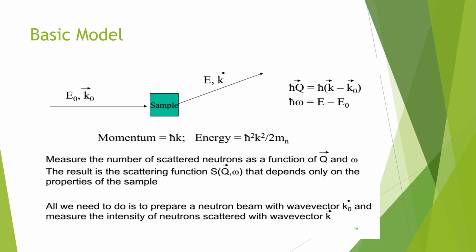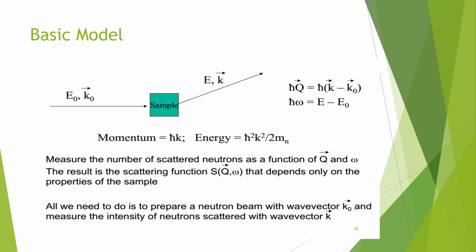The change in energy can be taken from the equations written on the right side of this slide. So the momentum is equal to ħk, where energy can be calculated by ħ²k² over 2mn.